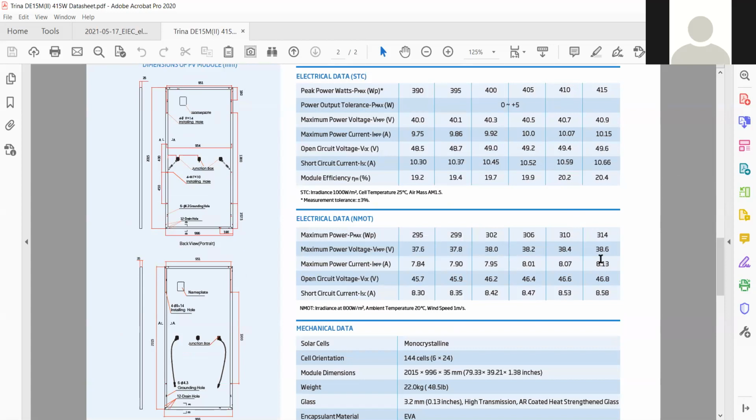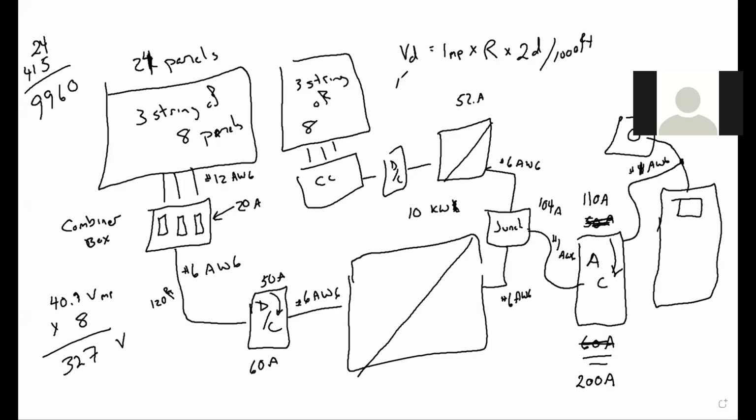Am I reading this right? Here's the IMP, 10.15. Okay. So we know our amps for each string is going to be 10.15. But we also know there are 3 strings. So that's going to be times 3 because they're a parallel connection.